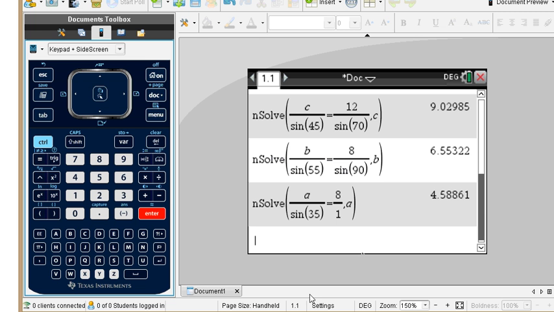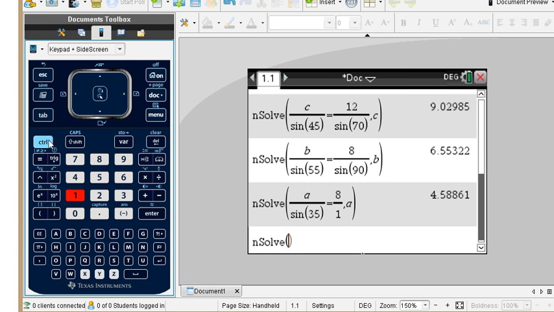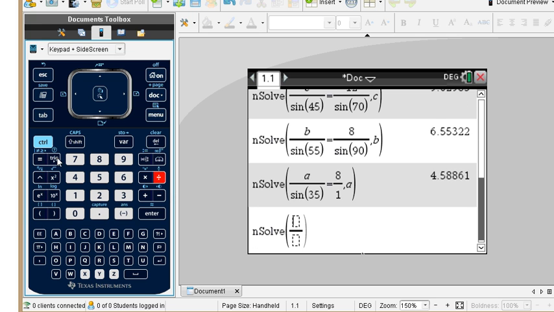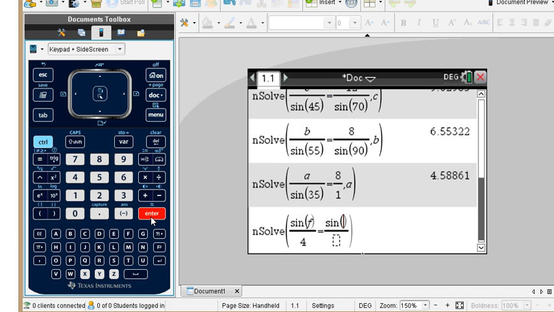Okay, so we go to our calculator, and in menu 3-1, we have the sine of F opposite the side length, I believe that's 4, is equal to the sine of 39 degrees opposite side length 5.